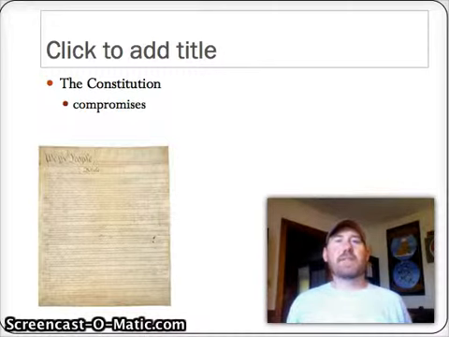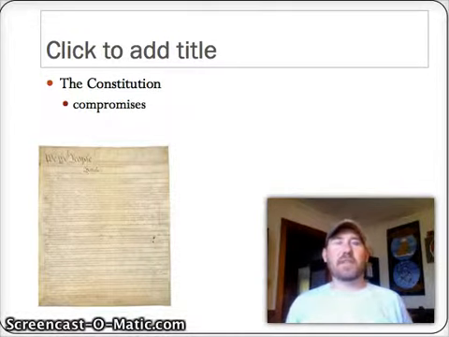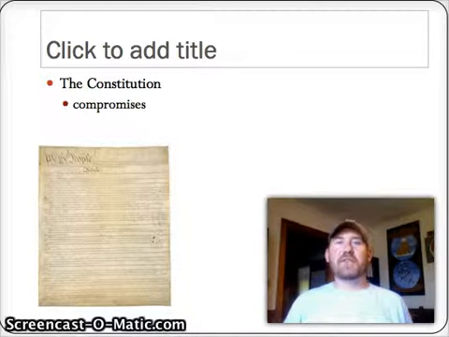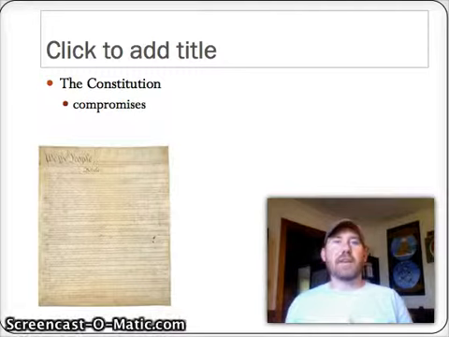And what ends up happening is, like I said, they compromise, and we end up with a bicameral legislature, or two houses of our legislature, which is the House of Representatives that we have today, where the number of reps is based on the population of the state, and then the Senate, which is the other part, which was a concession to the small states, in which every state has two representatives.